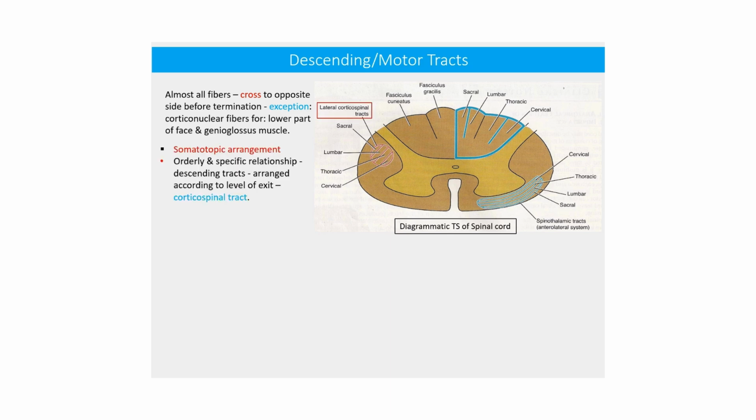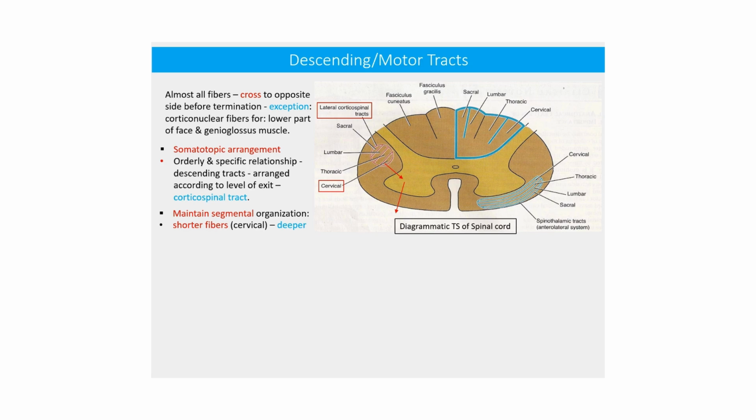As regards the somatotopic arrangement, the descending tract fibers are orderly arranged and have got specific relationship among them, as they are arranged according to the level of exit, as seen in the corticospinal tract. These fibers maintain segmental organization as well.